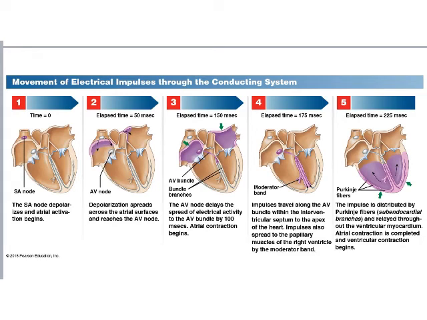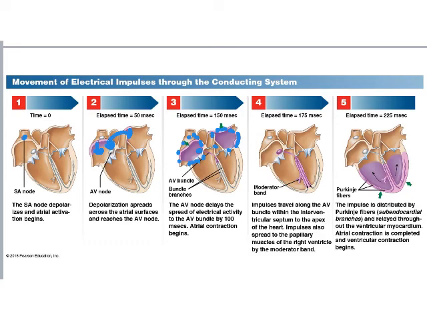Here's just showing you another picture of how that electrical impulse spreads. So at the beginning, it's going to start here at the SA node, right? That's the beginning. And that electricity is going to head towards the AV node, and it's also going to spread across to the left. By the time it reaches the AV node, it has completely notified all of the right atrial contractile cells to contract and all of the left atrial contractile cells to contract.